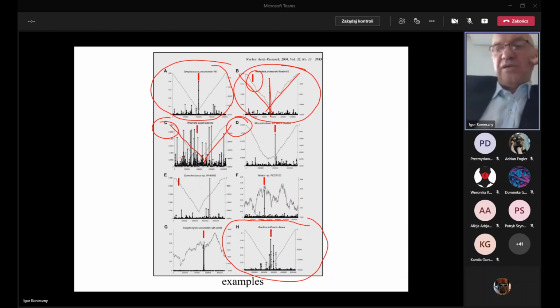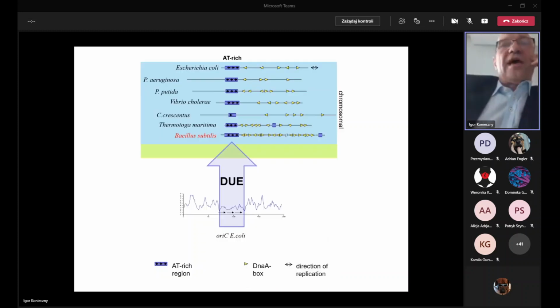to identify the position of the DNA replication origin. I also mentioned this A plus T richness, which is very typical for replication initiation sites. Intuitively, to opt for replication initiation, you have to destabilize double-stranded DNA. It's easier to destabilize something which has adenine-thymine pairs, not GC pairs.